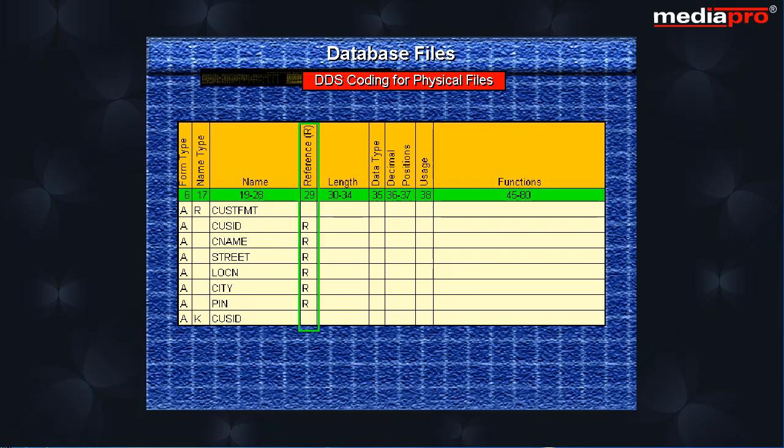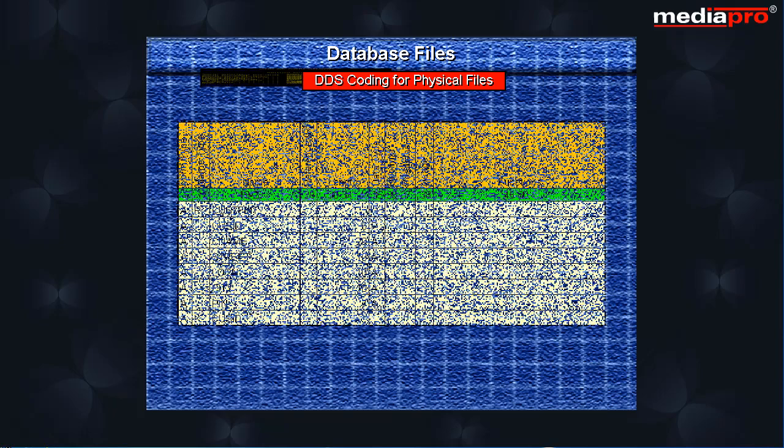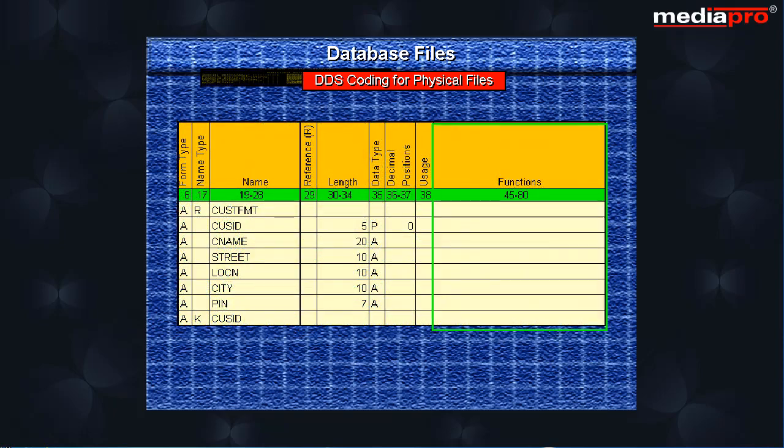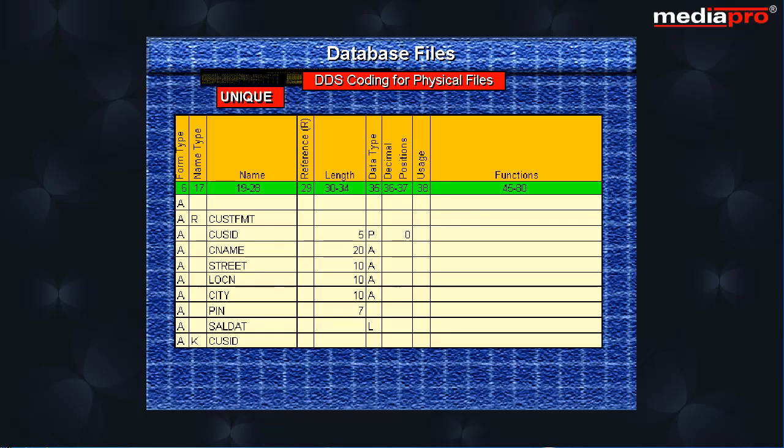We also have to identify the file in which the definition exists, but we will see how to do that later. Columns 45 to 80 are used to define keywords that are used to enhance the functionality of DDS statements. We will see more about keywords in a little while. UNIQUE. This keyword is placed at the beginning of the file.